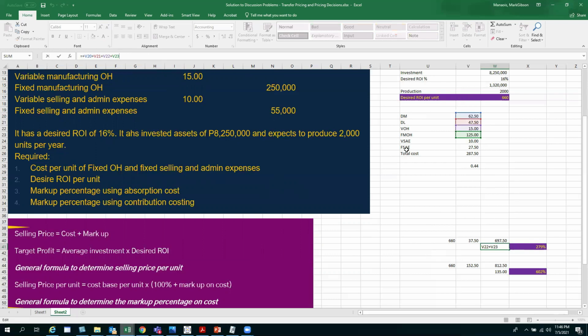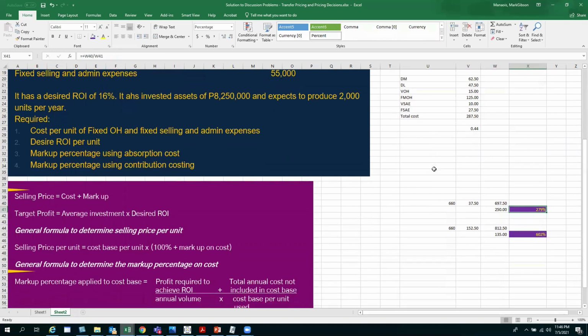So, meaning your direct material, direct labor, and the overhead, whether variable or fixed. Pero again, alam niyo na 'yan noon pa. So, divide lang natin yung dalawa. So 697.5 divided by 250 pesos. So that's 279%.